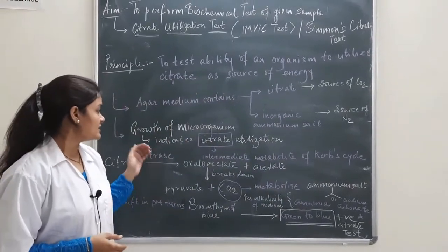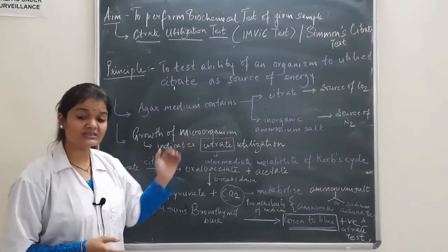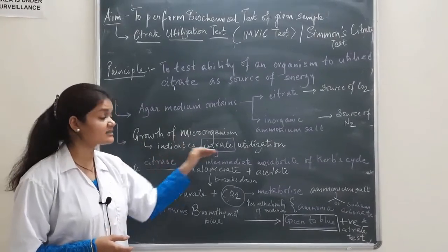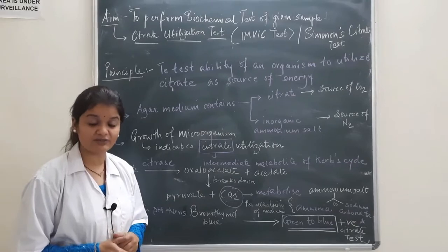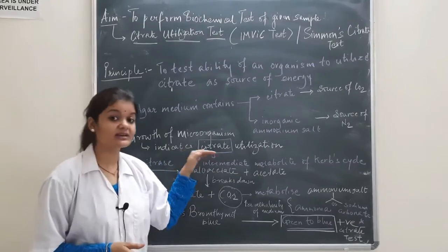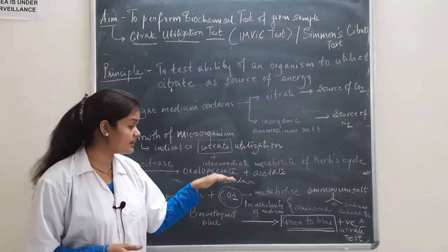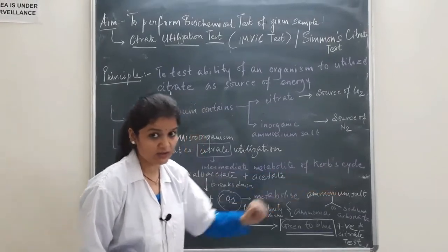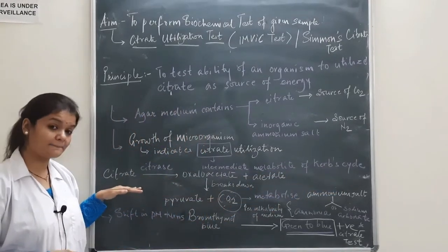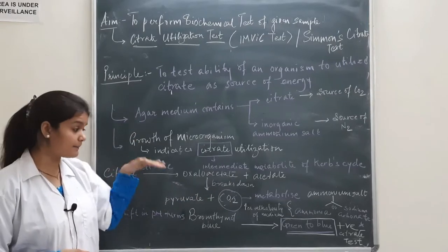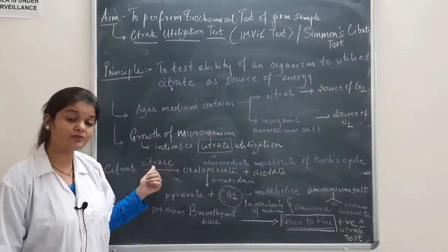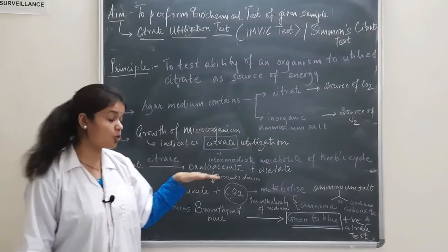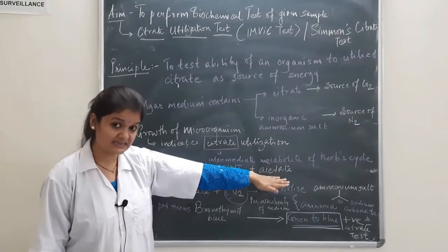When growth is indicated, it indicates that citrate is utilized, as we have discussed. Citrate is an intermediate metabolite of the Krebs cycle. Here, citrate is broken down with the help of the enzyme citrase into oxaloacetate and acetate.